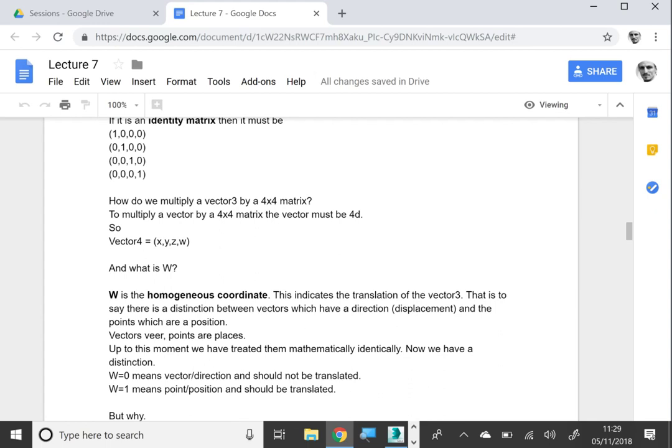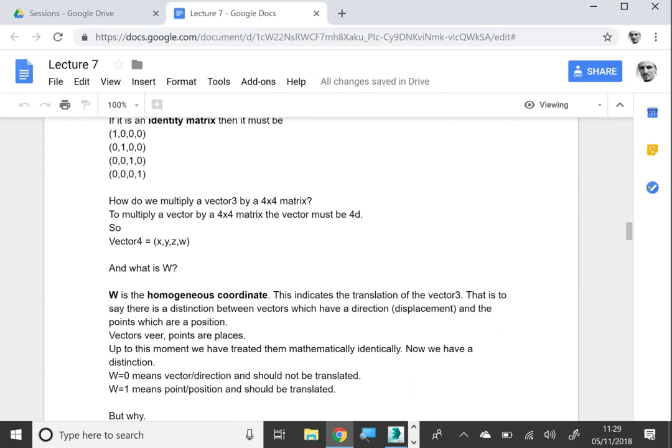Because there wasn't anything after z, and mathematicians don't plan ahead. So we now have a vector 4. Okay, we are now up to what is generally considered the consistent standard in all 3D graphics. So all of your points are actually four-dimensional points. They have an x, y, z, and they have this hidden w. All of your matrices are 4x4 matrices, right?